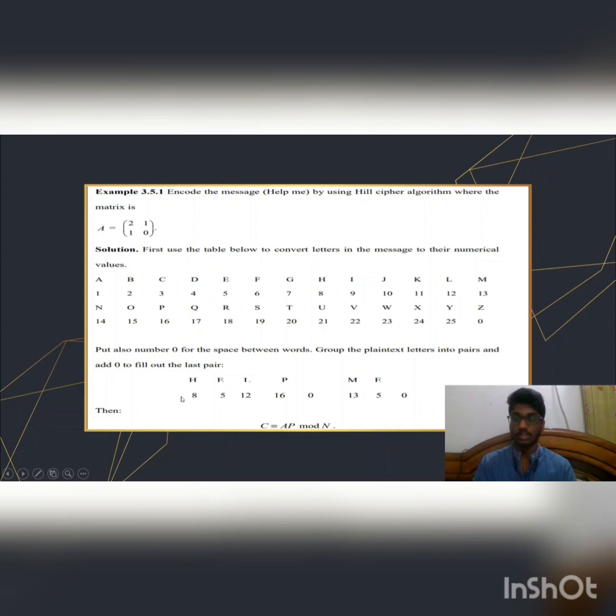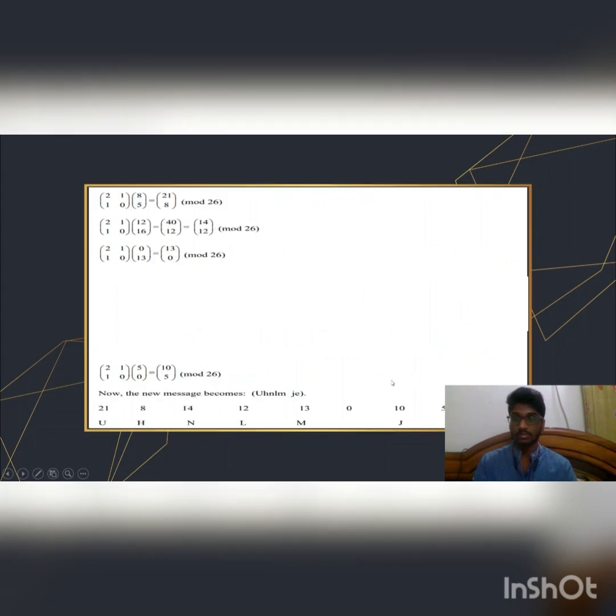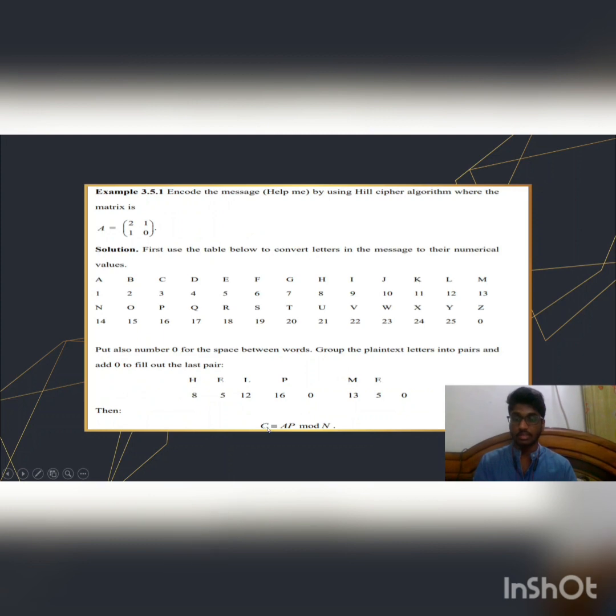Now we have to pair two alphabets at a time. Here HE is a pair, LP is a pair, the blank space and M is a pair, and E is left out alone, so we should include a blank space at the end. As you can see, this is the method used.